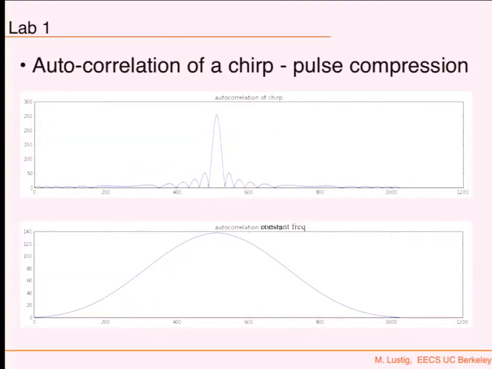The other thing that's interesting in a chirp is that it has a property called pulse compression. If you take a rectangular window and you convolve it with itself, this is called an autocorrelation. You actually flip it and convolve it with itself, but because a rectangular window is symmetric, it doesn't matter. So if you just overlap a rectangular window, what do you get?